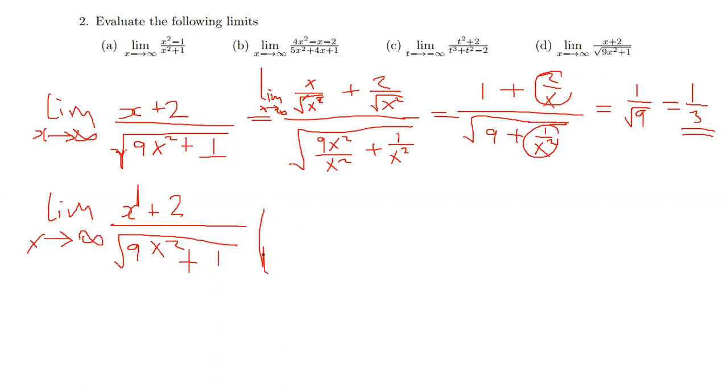What do I mean? If you are multiplying with something that, when multiplied with this, will give you this 9 to be independent, to be a constant, you can do this.